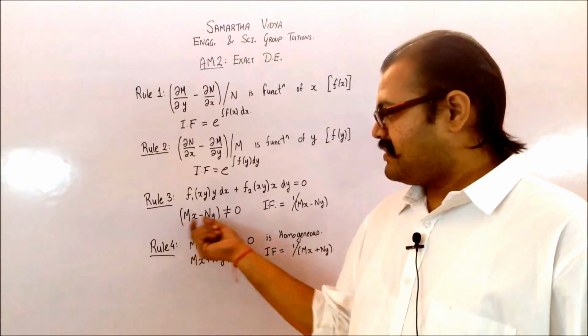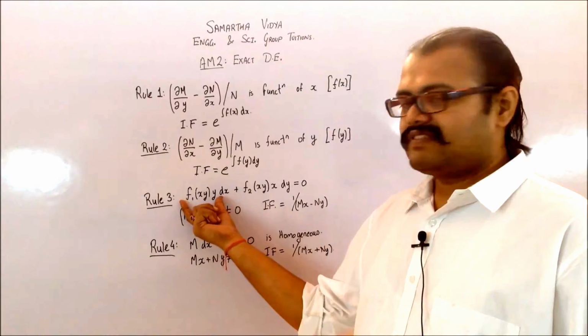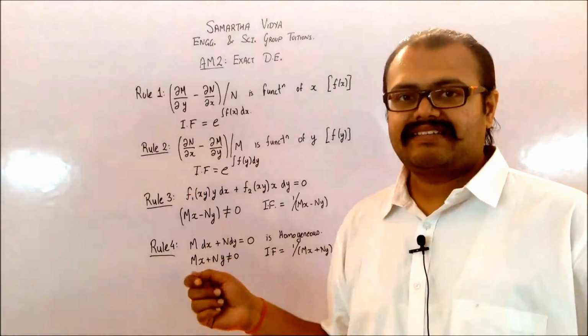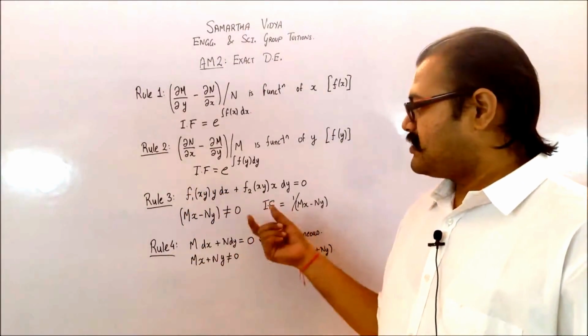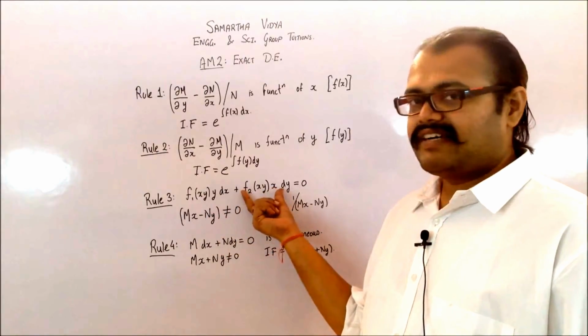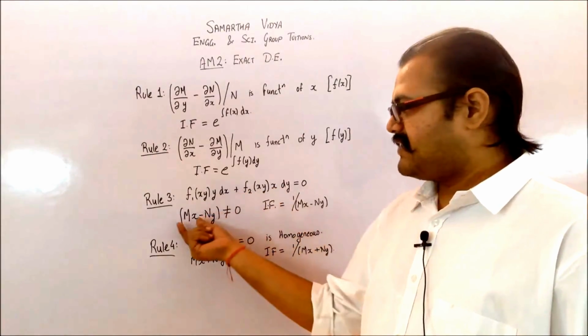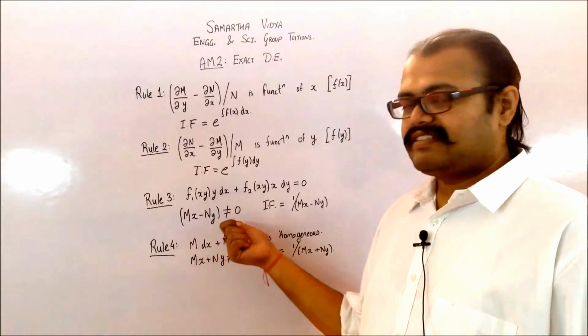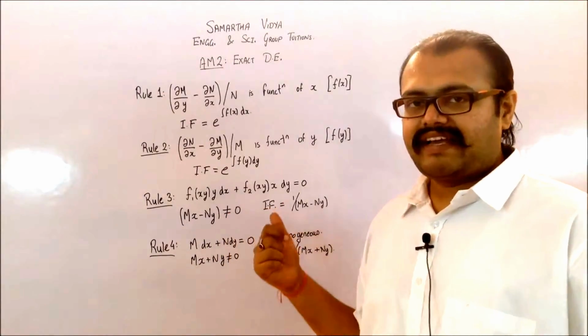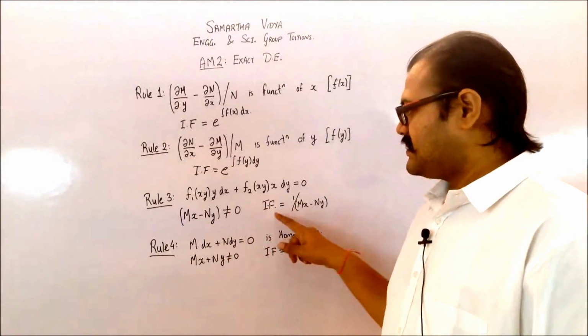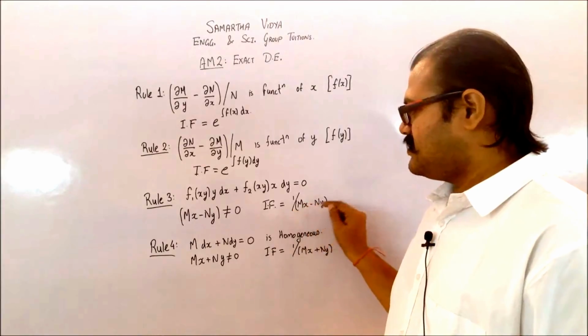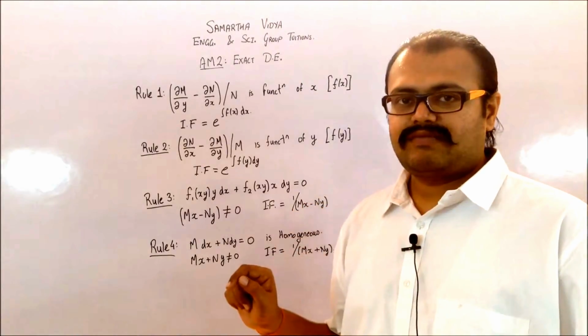Here M is the term with dx, and N is the term with dy. If this relation is not equal to 0, then only can I use this, that is, the integrating factor is equal to 1 upon Mx minus Ny.